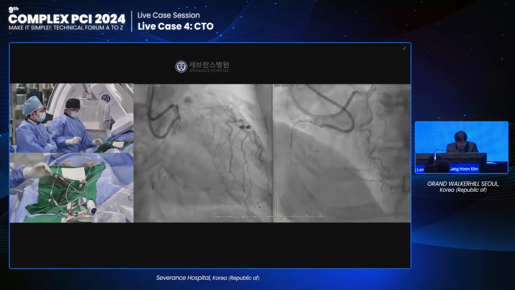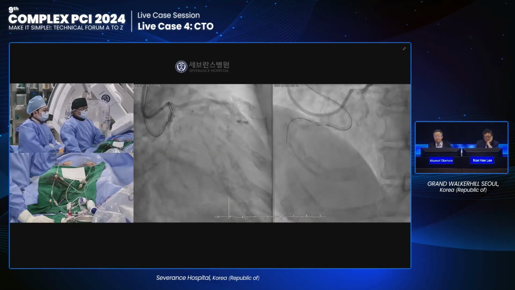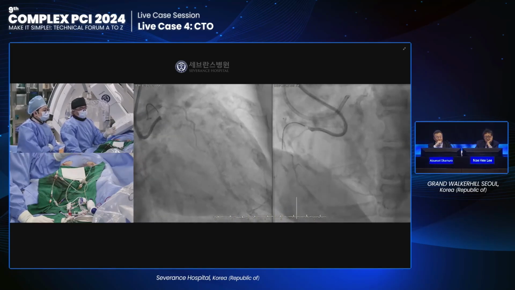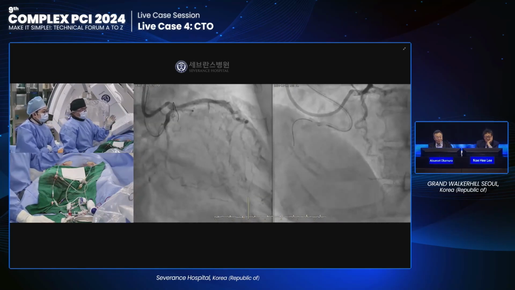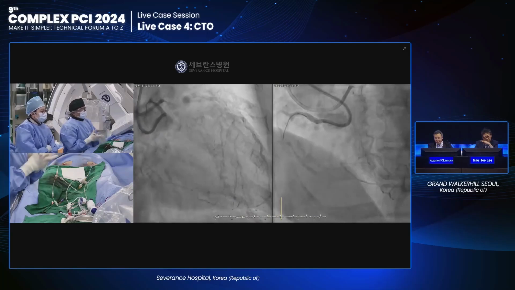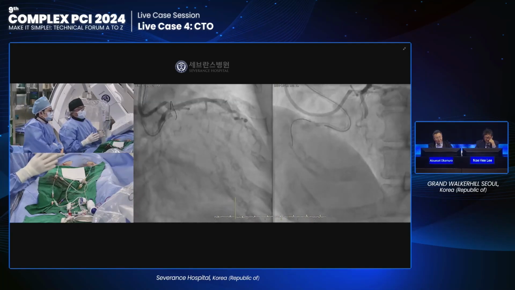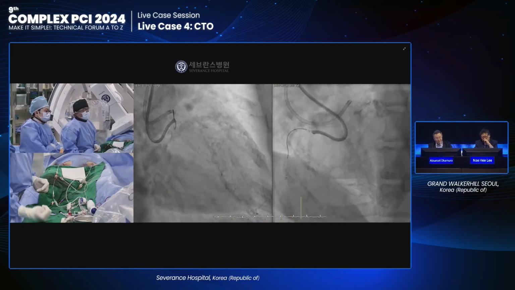Sang-won, you must be familiar with this low frame count. In the monitoring we can see that the second and third septal branches are preserved, and the stent is in a little bit proximal portion. Okay, understand.